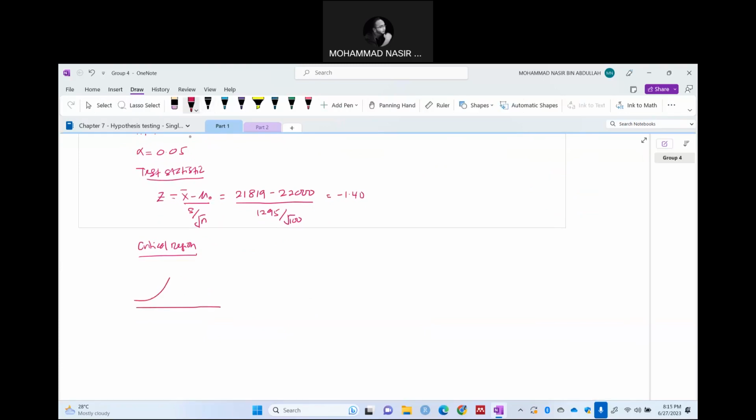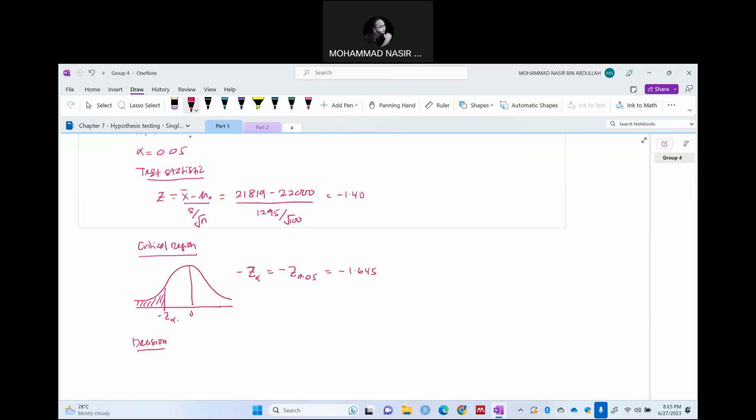So this is 0, and this is negative Z alpha, only negative Z alpha because we are conducting a one tail test. Negative Z alpha is equal to negative Z 0.05, so alpha 0.05, it should be negative 1.645.